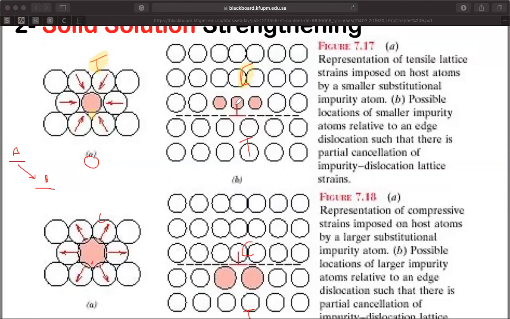So these two might cancel each other, and similarly, the compressive and the tensile might cancel each other.